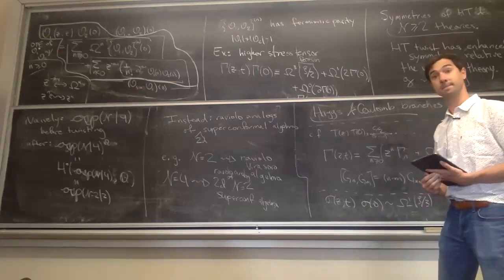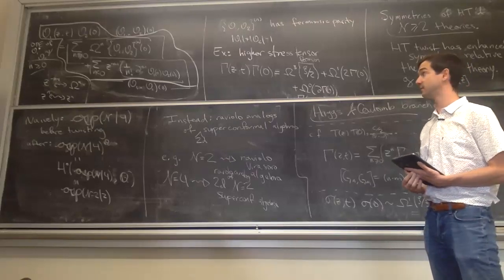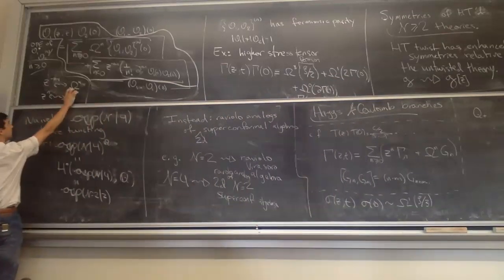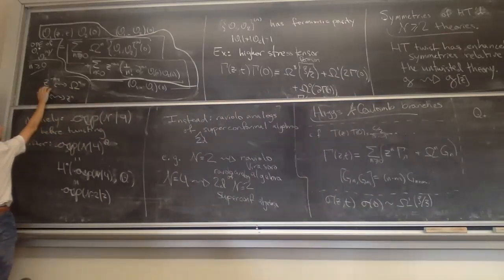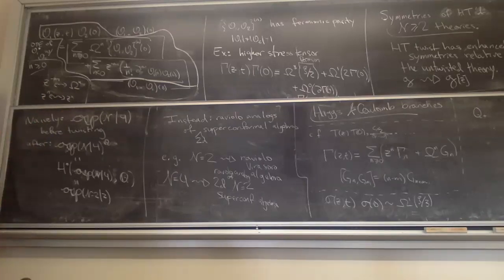Exactly. And it comes from this identification here. Here we had a degree 1 thing, whereas in the 2D holomorphic setting, it was degree 0. So all of the modes that were proportional to these negative powers of z now have some shift in cohomological degree.